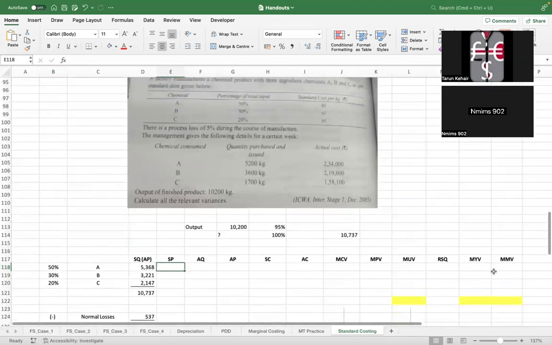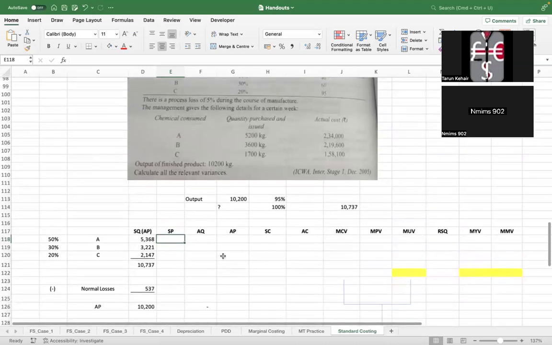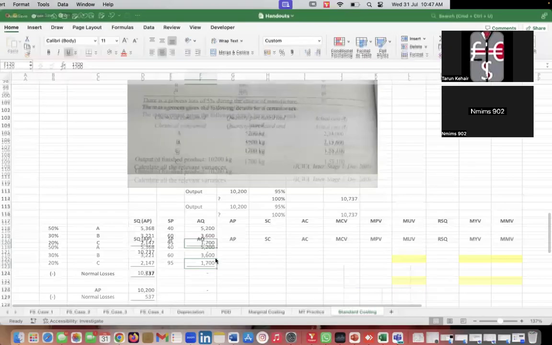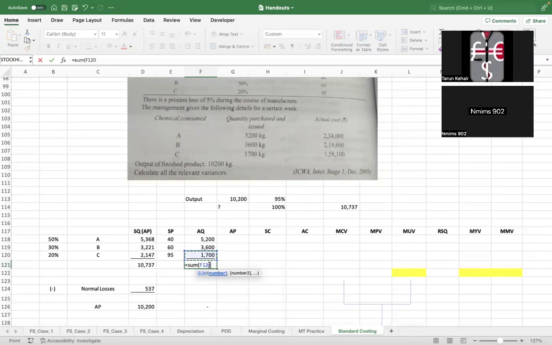What are the standard prices? They are given to us: 40, 60 and 95 per kg. What are the actual quantities? 5,200 kgs, 3,600 kgs, and 1,700 kgs. So that will give you your actual quantity consumed, which is 10,500, which is lower than your standard, which means somewhere we will have a positive usage variance.